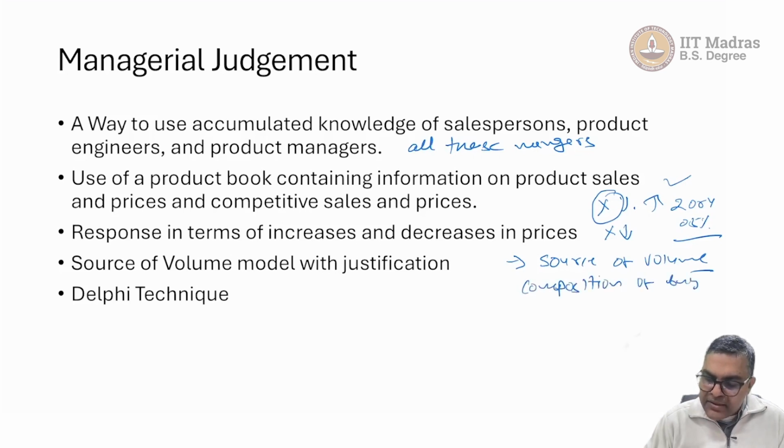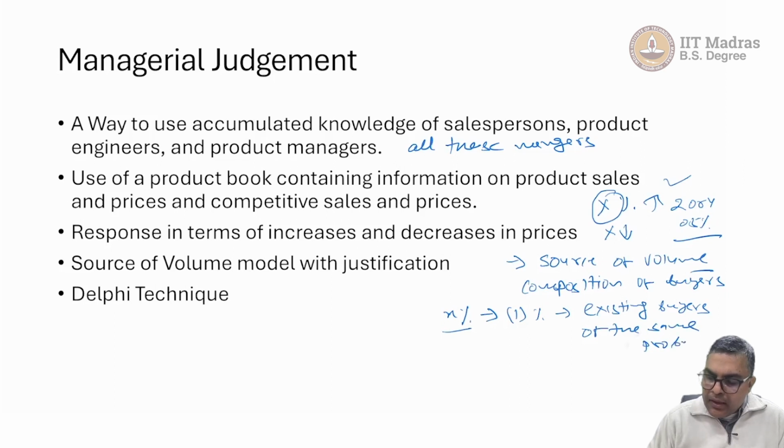of buyers. So let us say price is coming down by X%, so there would be new buyers. So they have to say what percentage of new buyers are existing buyers of the same product, and how much percentage were buying the rival or competitive products earlier and now have shifted to this particular product, and what percentage of buyers are completely new buyers.